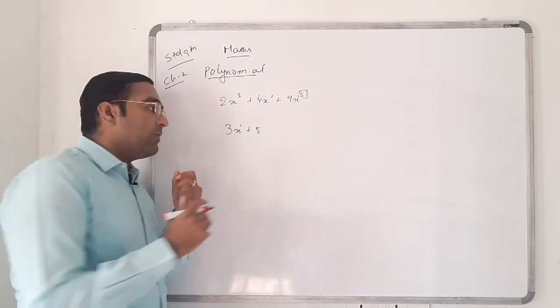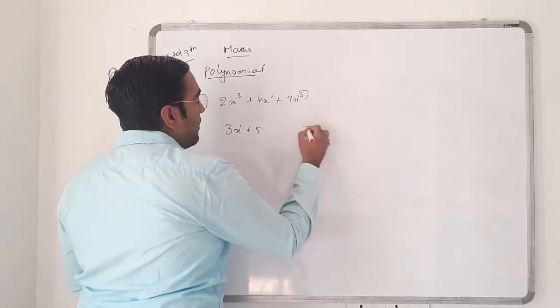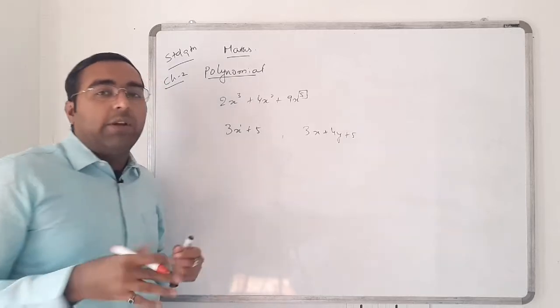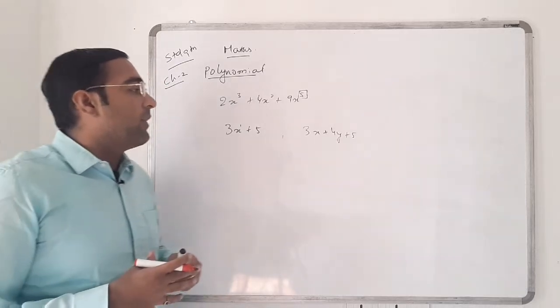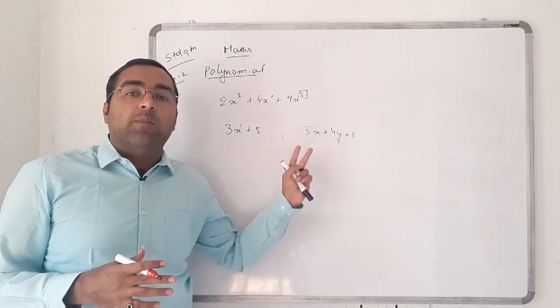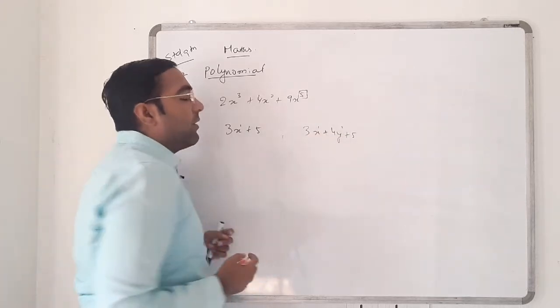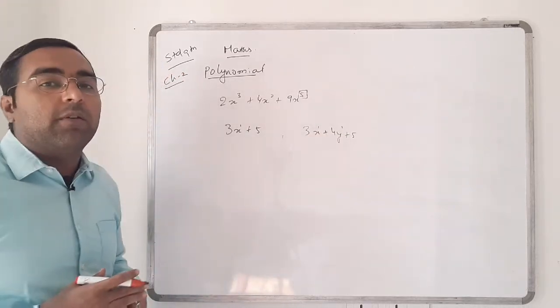But when I use 3x + 4y + 5, there are two variables, and both variables have power 1, so the degree is also 1.